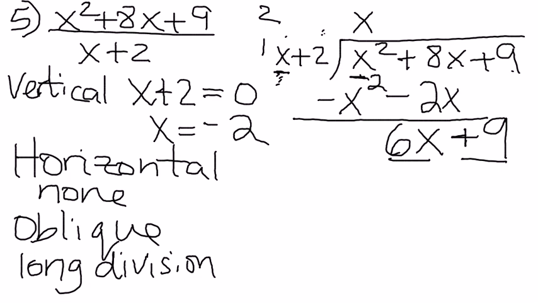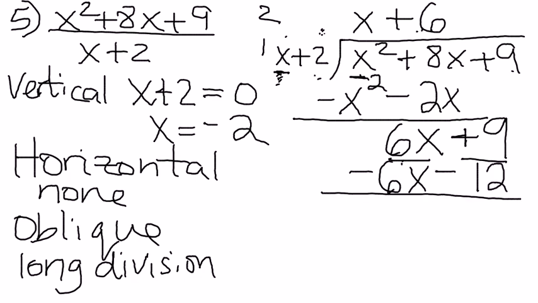So how many times do I need for x to get into 6x? I need a 6. So I'm going to put plus 6 on the top, and I'm going to repeat the process again of taking the 6 and multiplying it by the divisor outside. 6 times x is 6x, which is minus, and 6 times positive 2 is positive 12, but since I'm subtracting, I'm going to make it minus 12.